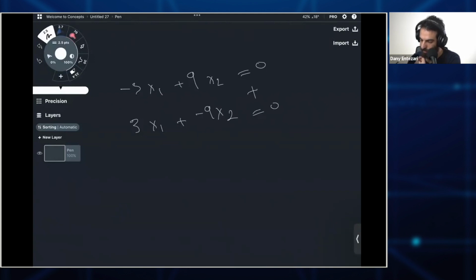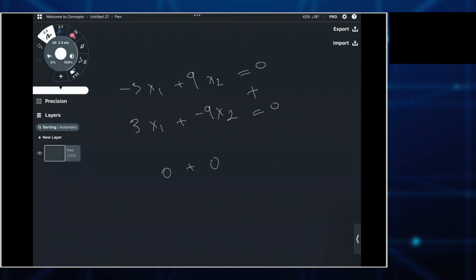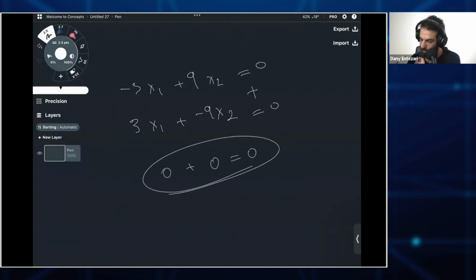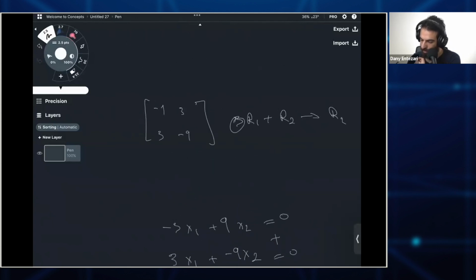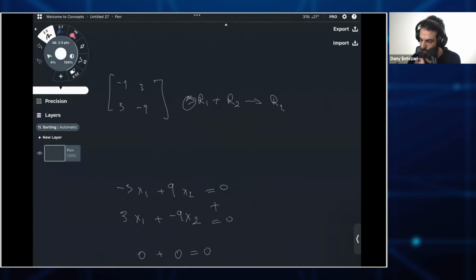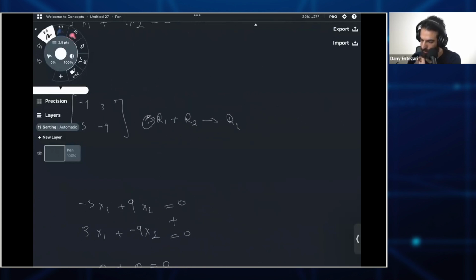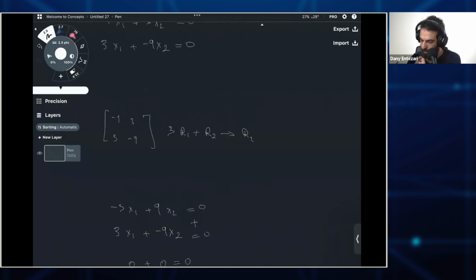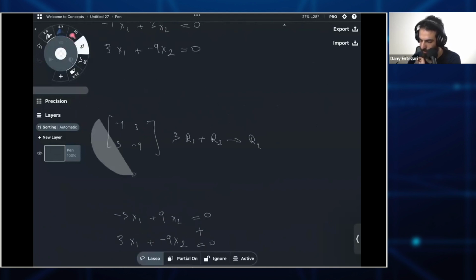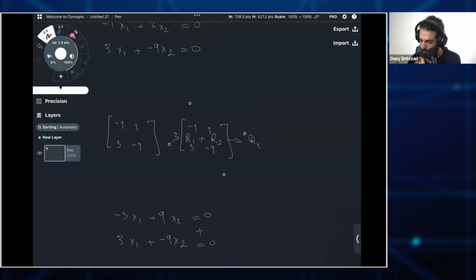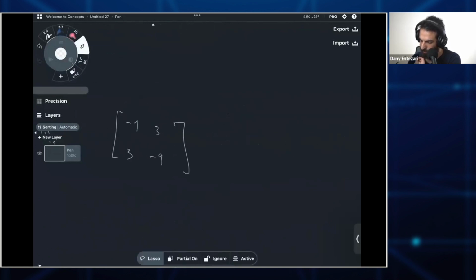Everything becomes a 0. The result of this addition will become the second row. In other words, after we perform this very simple Gaussian elimination step, this matrix will become that matrix. And these become zeros.